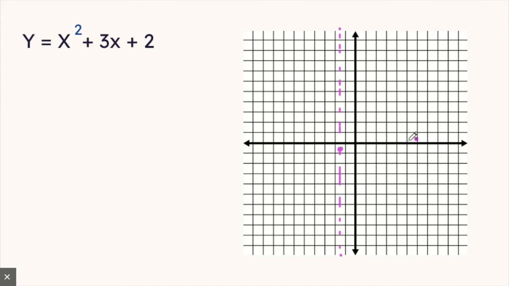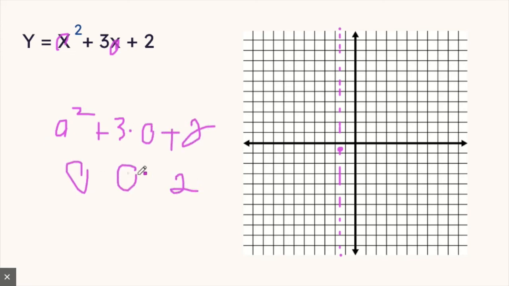Let's plug the numbers over here. Let's start with 0. When we plug 0 in, it's going to give us 0 squared plus 3 times 0 plus 2. 0 plus 0 plus 2 is going to be 2. So at 0, it is 2. And after that, we can just mirror that image on the other side. It's going to be here.